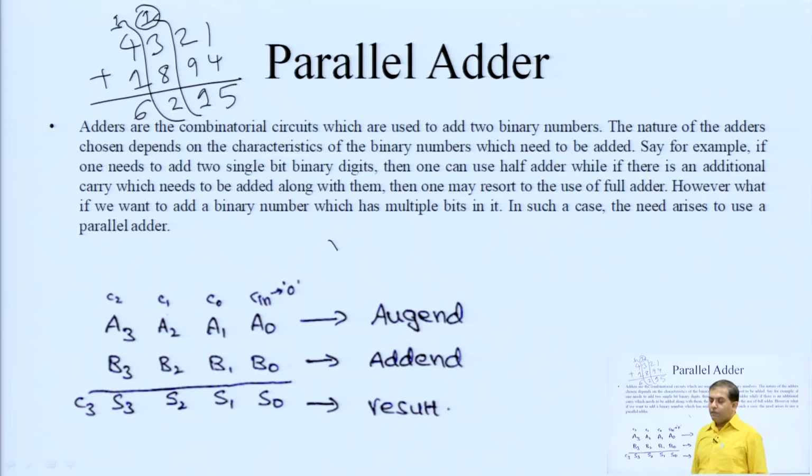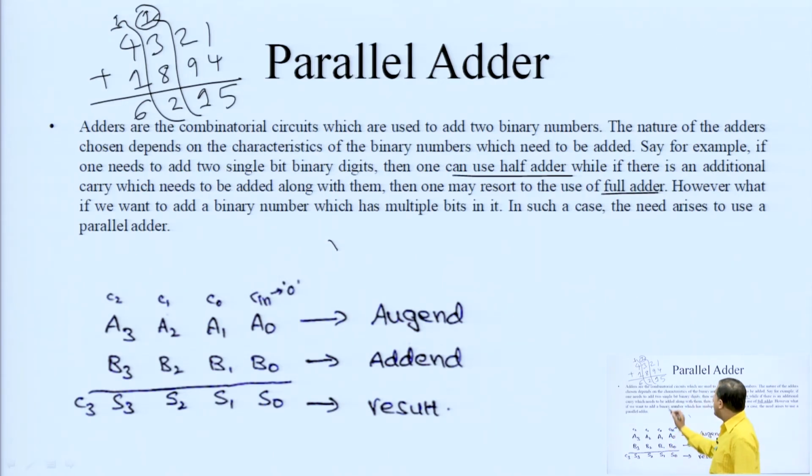Okay. So, here it is written why, if we are giving 2 bits, then we will be having a half adder. For 2 bits, a half adder is enough, right. So, if any additional bit is there, then we will use a full adder because it is a 3 bit addition. And if we want to add a binary number which has multiple bits in it, in such a case we need the parallel adder.